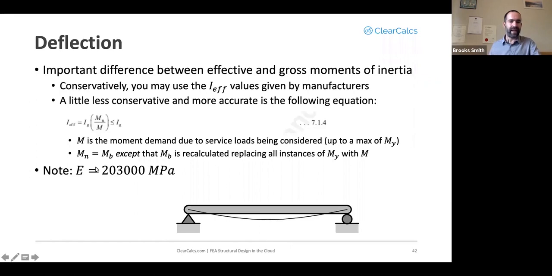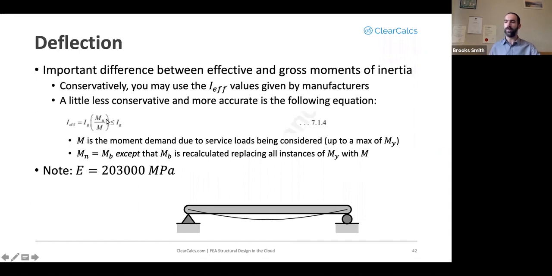And your M sub N is equal to M sub B, the same flexural capacity that we calculated earlier, except you're going to go through and completely recalculate that M sub B, replacing every instance in our calculations where you have M sub Y with M instead. So you're replacing your yield moments with your service moment, and recalculating M sub B, recalculating your member flexural capacity.